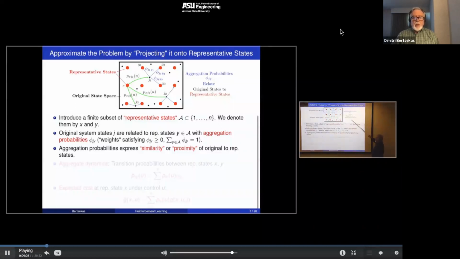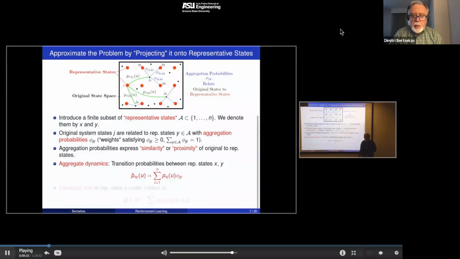Okay, so I have these red states, and I have introduced these aggregation probabilities, and this defines aggregation dynamics, whereby the transition probabilities between two representative states like this x and this y. Generally speaking, I'll be using the convention that aggregate states are going to be x's and y's.